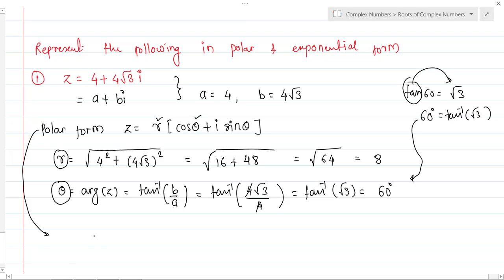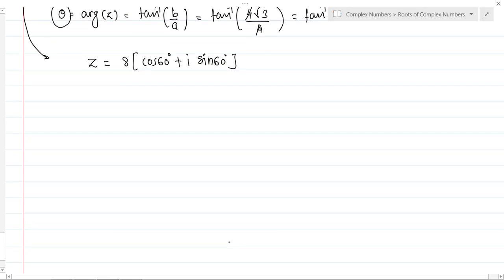So what will the polar form be? Z is equal to r, and r is 8, into cos of 60 degree plus i sin of 60 degree. Now you can simplify this. So 8 into what is cos 60? How much is cos 60?